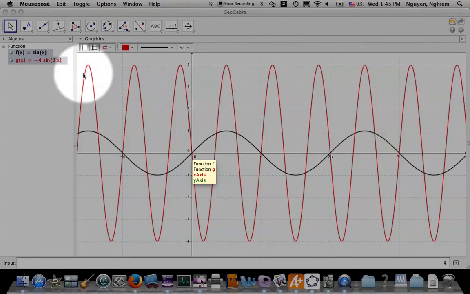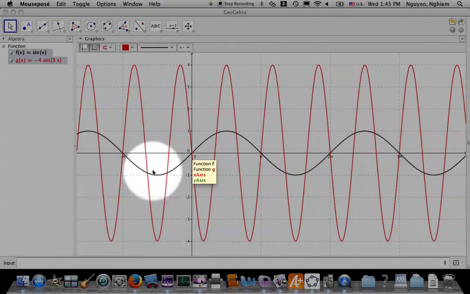Everything gets shrunk by 1/3. That's this 3 right here. So now you get 1, 2, you can follow the spotlight here, 2, okay, and then another 3 waves. So another way to look at it is before you had one maximum and one minimum within the 2 pi interval, and now you have 1, 2, 3.